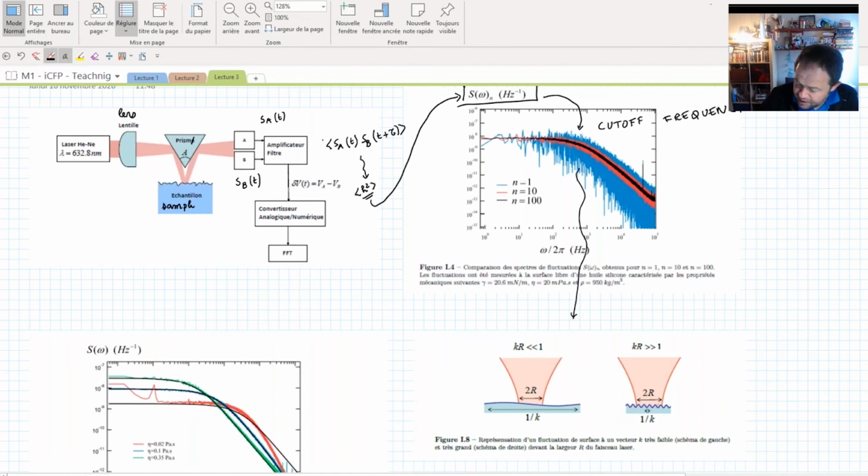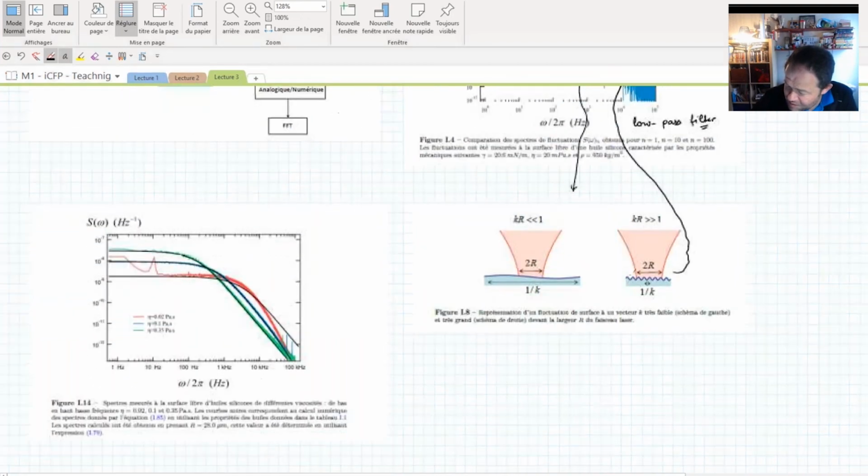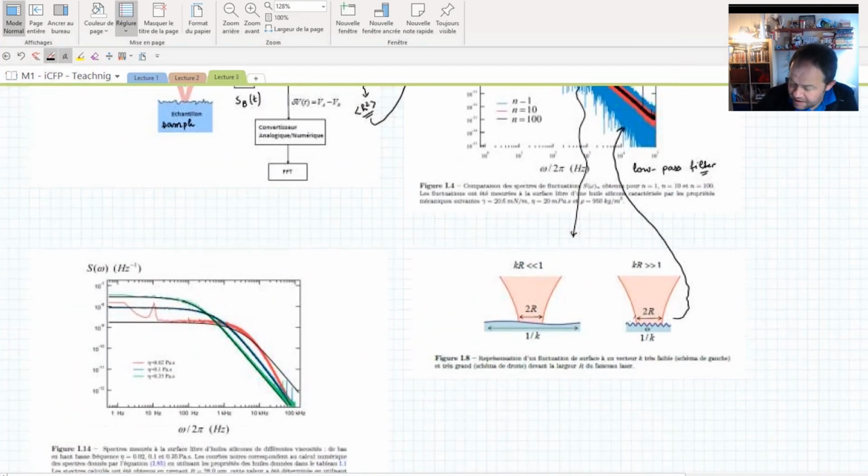If you look at high spatial frequency, you will make an average and you are not able to see that, which explains why there is kind of impossibility of measuring what happens at high frequency. So there is kind of a low pass filter.